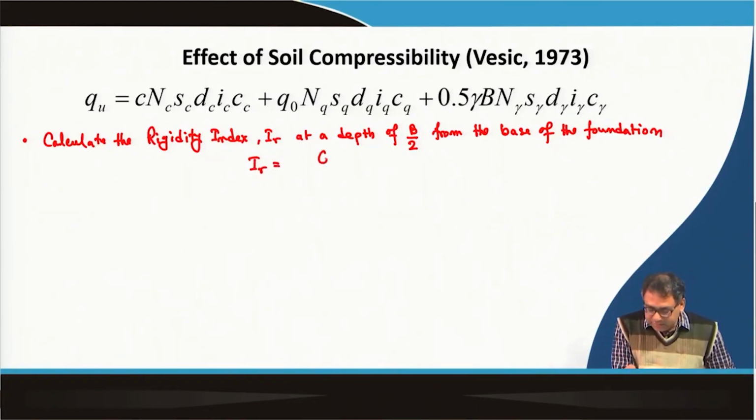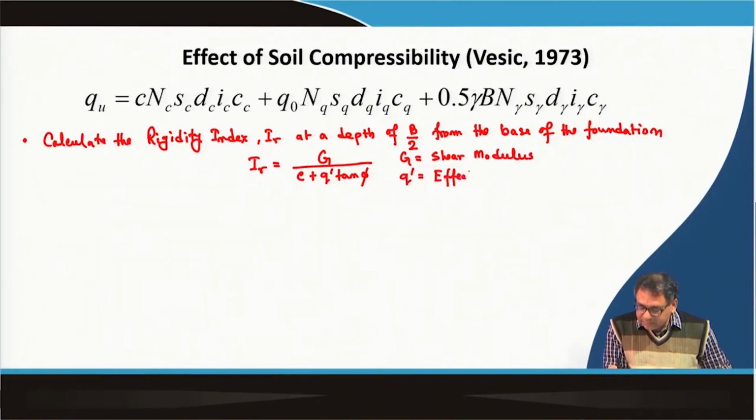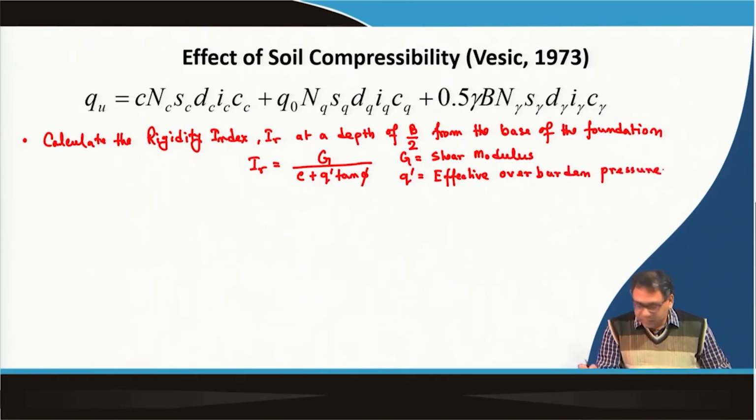IR can be calculated as G divided by C plus Q dash into tan phi, where G is the shear modulus and Q dash is the effective overburden pressure at a depth of Df plus B by 2.